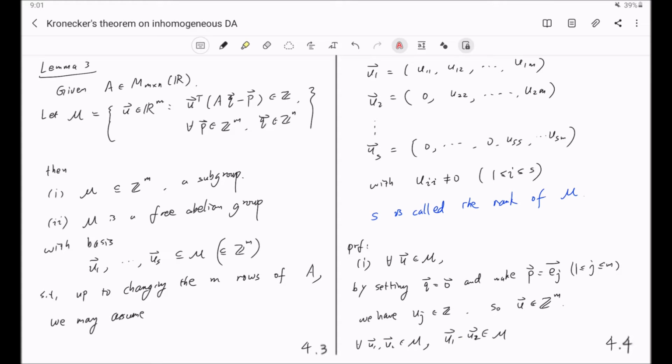So this is obvious. So M is a subgroup of Z^m.